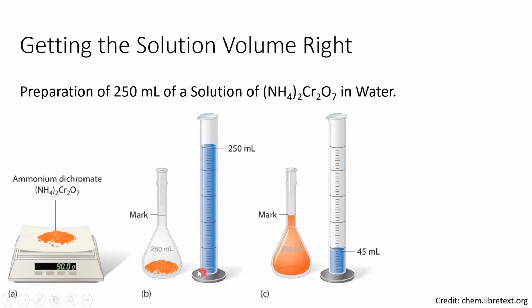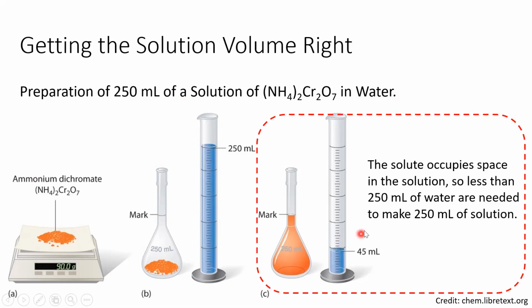Now, the volumetric flask is a 250 milliliter volumetric flask, okay? And we're making 250 milliliters of total solution. What that doesn't mean is we're adding 250 milliliters of water to the volumetric flask. Because if we were to add the water from the graduated cylinder into the volumetric flask until we get to that etched mark, we actually have water left over.